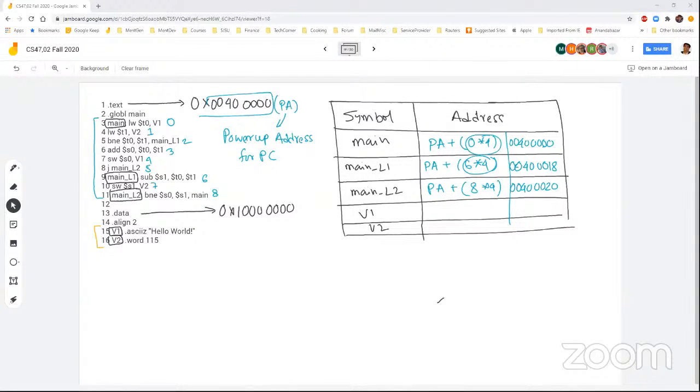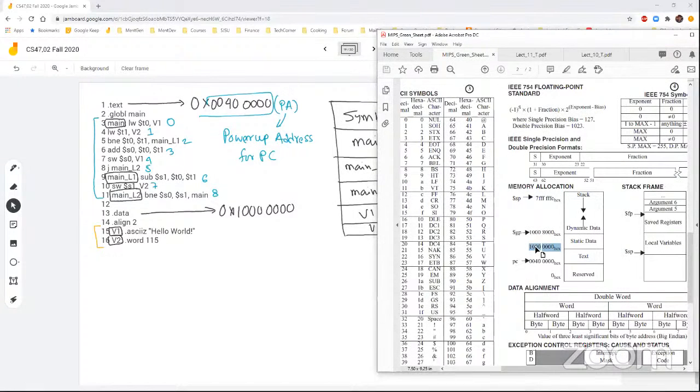If nothing is given, you pick up this one from your MIPS green sheet. So the first one is straightforward. It will start from 10000000.